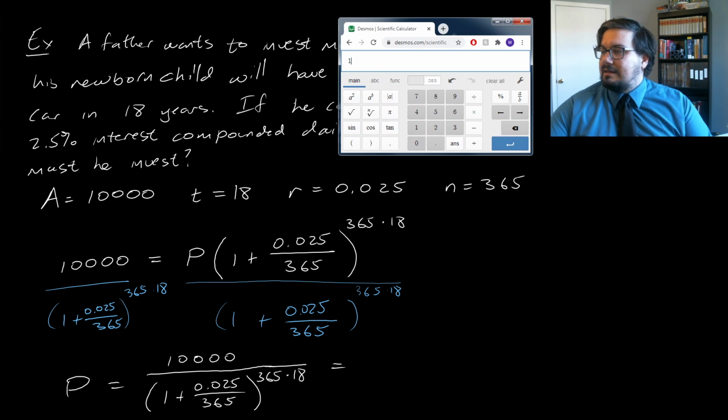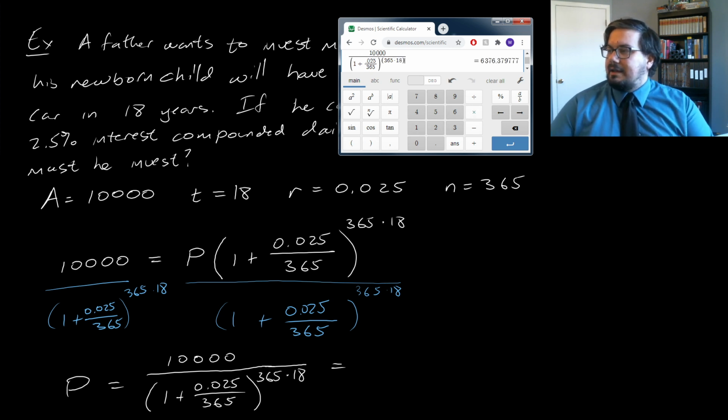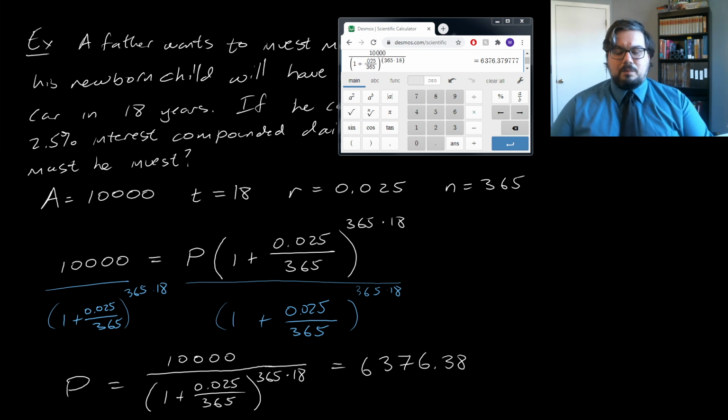So the expression we want to figure out is 10,000 divided by 1 plus 0.025 divided by 365, raised to the 365 times, oh, I did it again, in parentheses, 365 times 18, and we get 6,376 and 38.